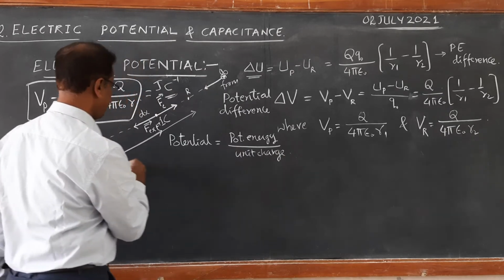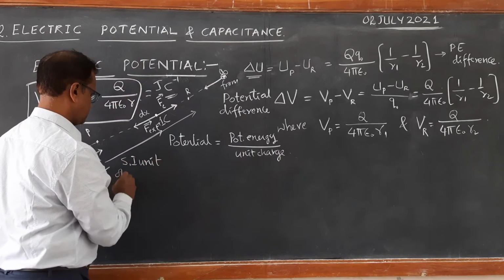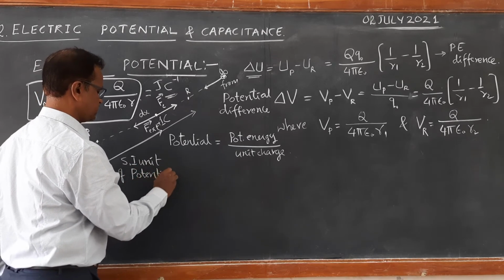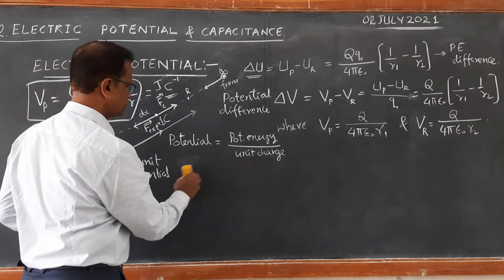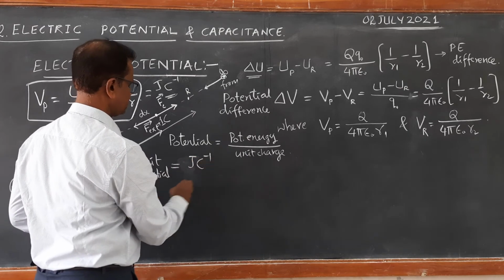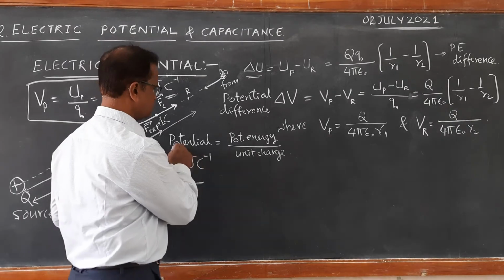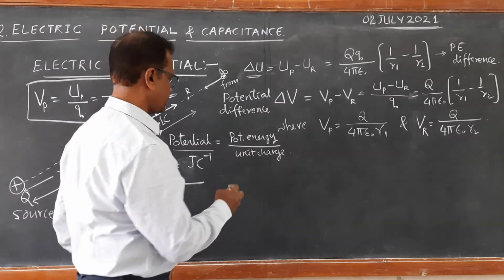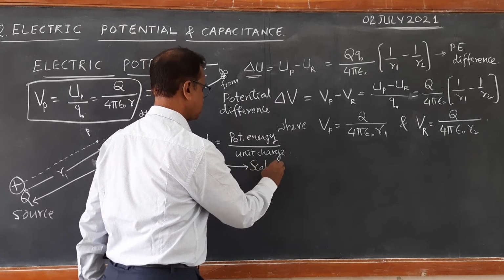Therefore, the SI unit of potential is joule per coulomb. And since it is calculated as work done per unit charge, it is a scalar quantity. So, potential is a scalar quantity.